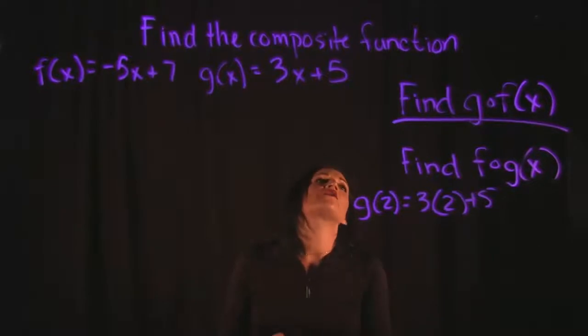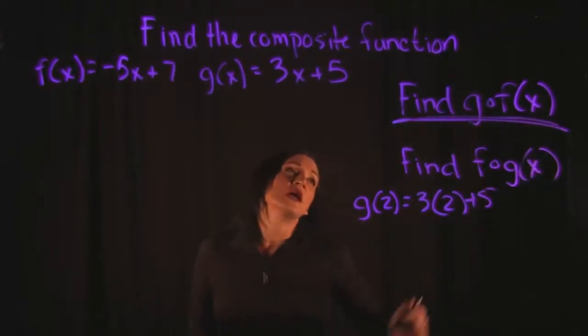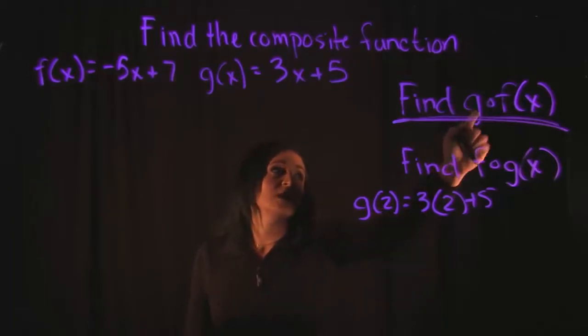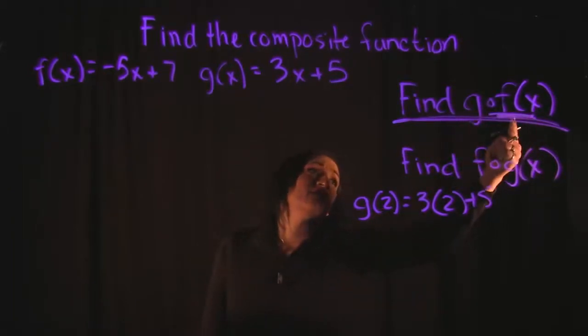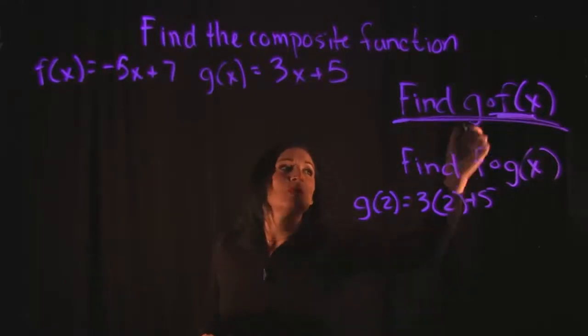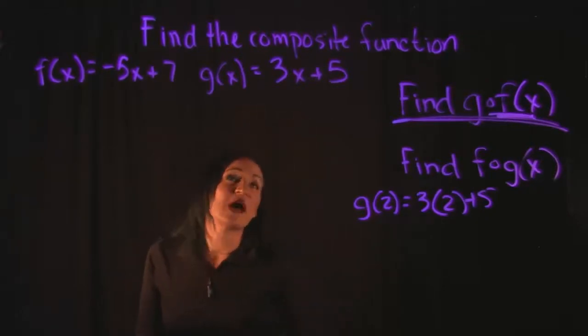So if we think about that, but instead thinking find g of f of x, instead of plugging in a 2, for example, into g, we're going to plug f of x into g. So we want to focus on g of x. So g of x is 3x plus 5.